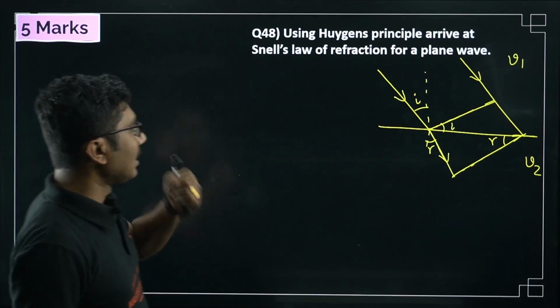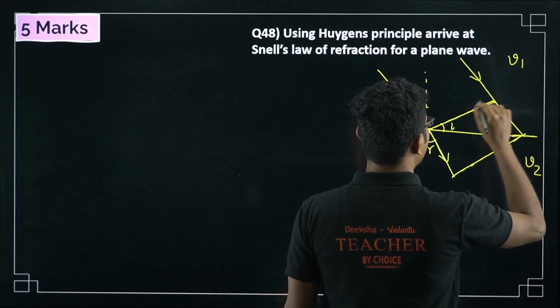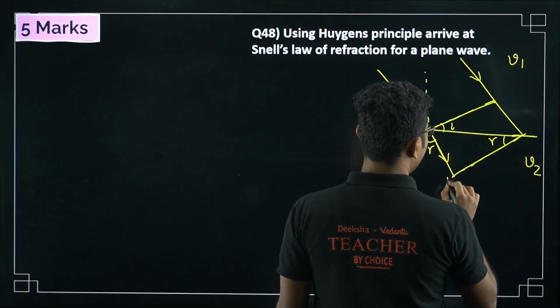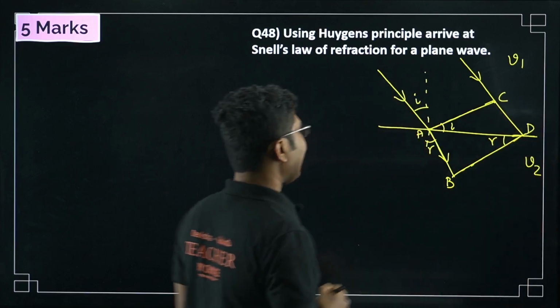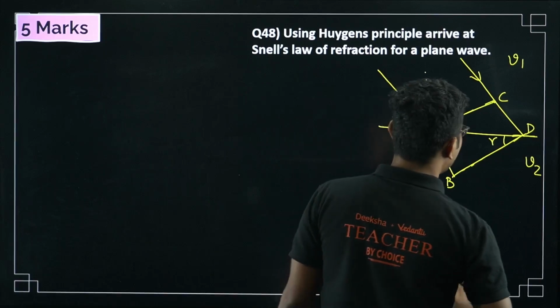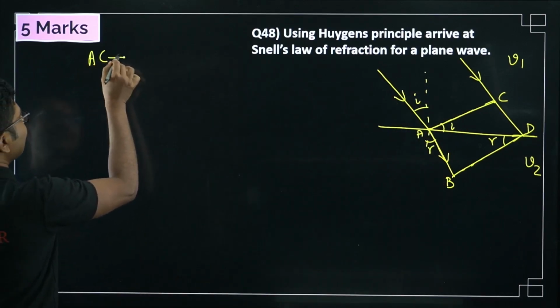What else? Time taken by the light to reach from, say, so this is say A, this is say B, this is C, this is D. AC is incident wavefront and BD is refracted wavefront.